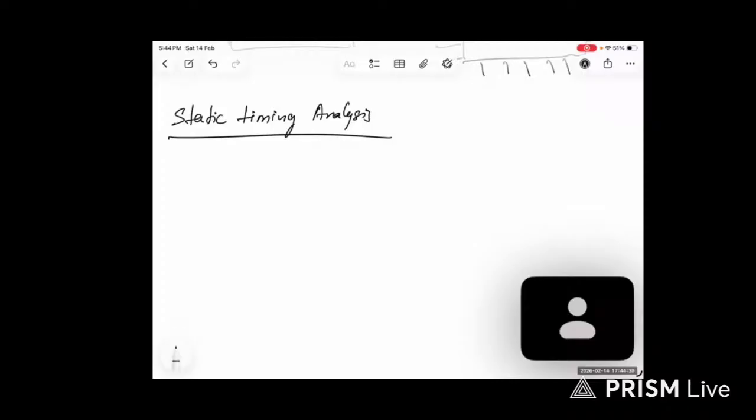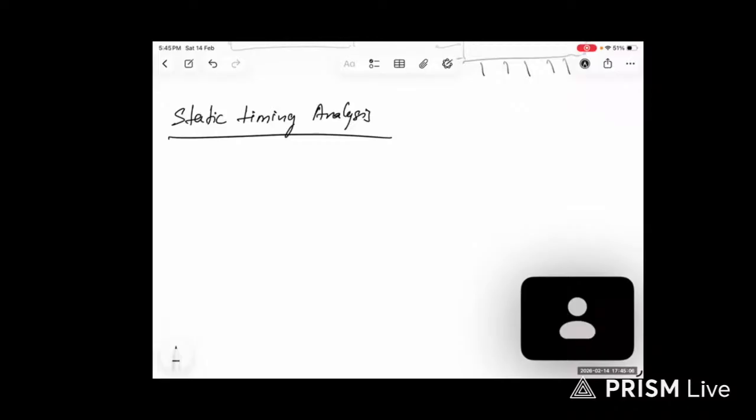In timing analysis, there is something called static, and there is something called dynamic. Dynamic timing analysis has a lot of disadvantages, because you really don't know whether all the functional paths are covered or timed, you will not be able to see that during dynamic timing analysis, which is not recommended. And it does not distinguish between functional and non-functional paths.